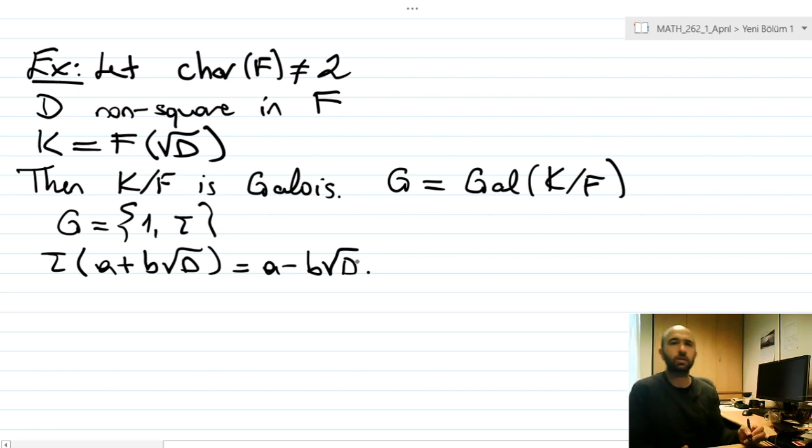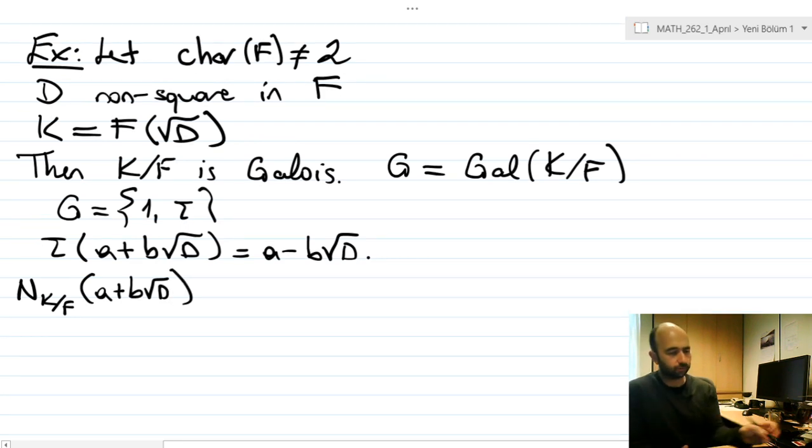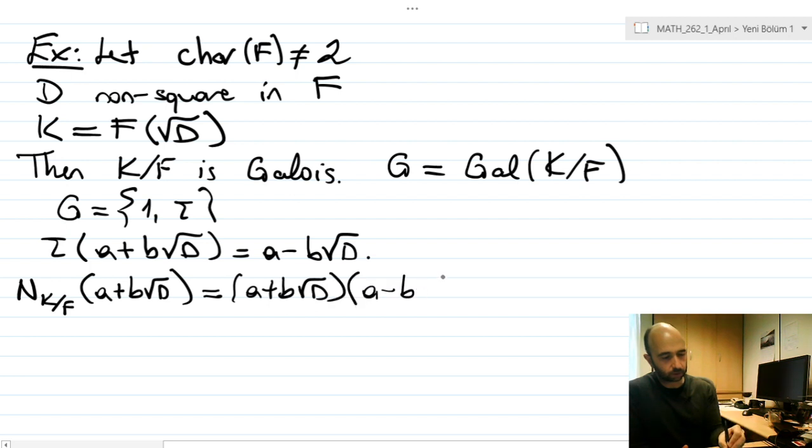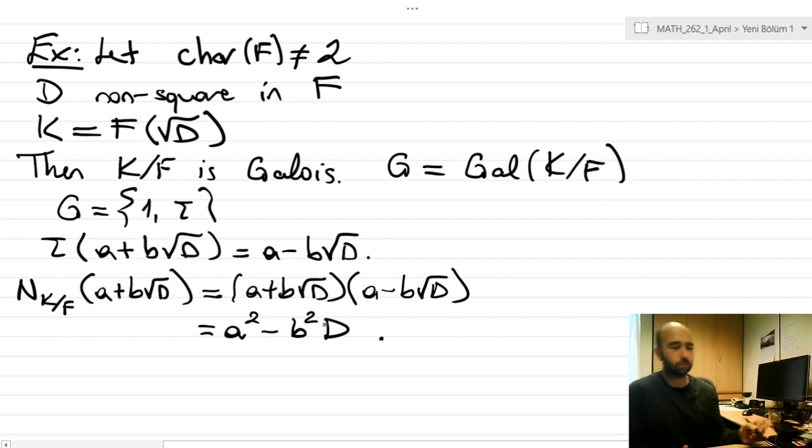Okay, so what is trace and norm in this particular case? They'll give some familiar stuff. Norm of a plus b root t should be, okay, product over all embeddings of K, but in this case, embeddings are automorphisms, and you have a plus b root t times a minus b root t, and if you multiply them, of course, you get a squared minus b squared t.